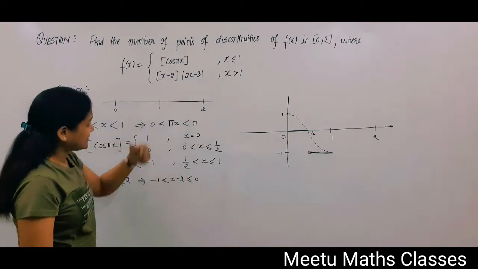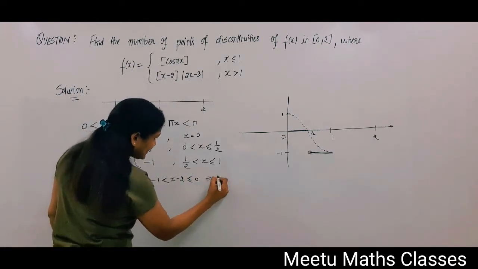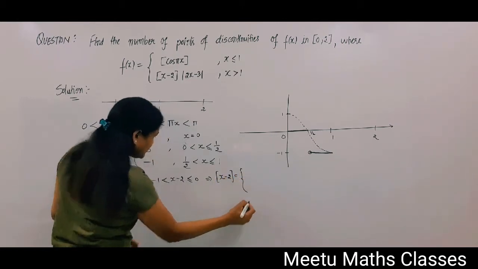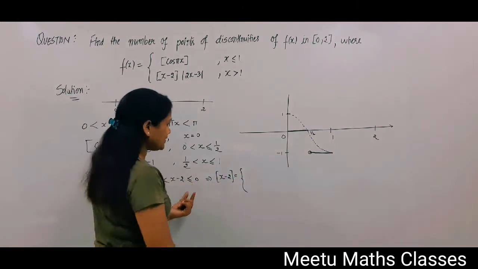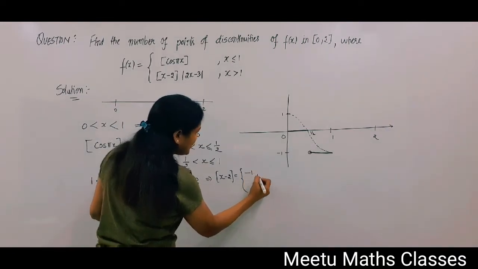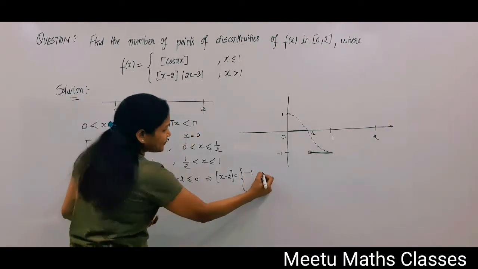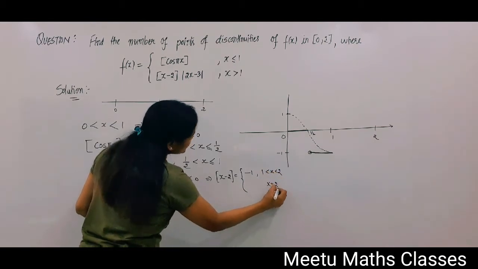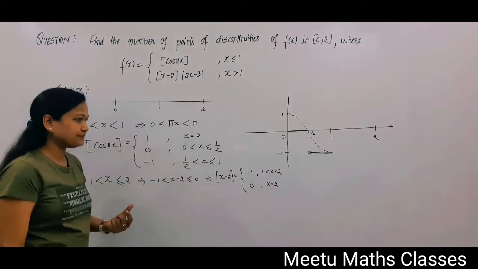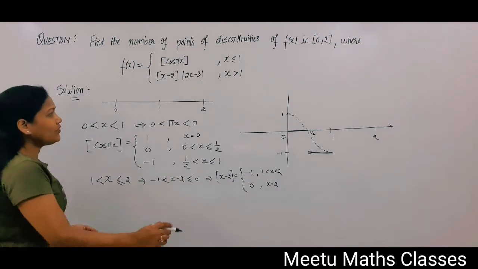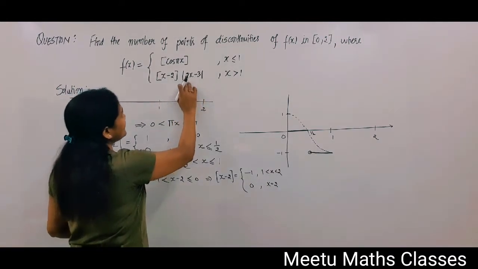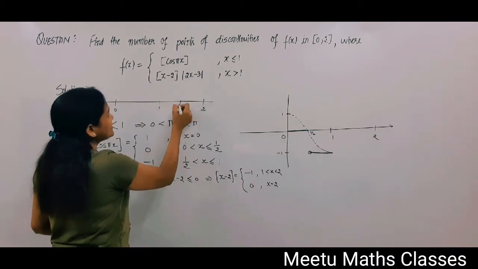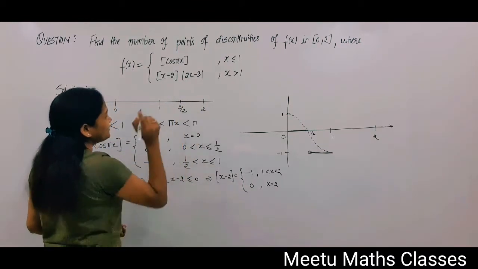We have to take the greatest integer function of this, and the greatest integer function of (x − 2) will be −1 when x is lying between 1 to 2, and when x is equal to 2, it will be 0. Now, you also have to check that your modulus function will change at 3/2.